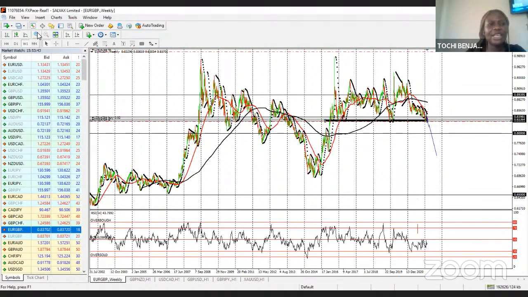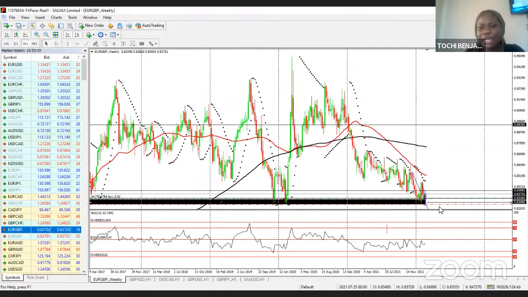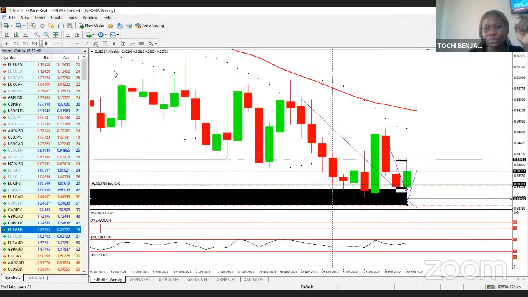Now, if this level is broken, that means this price did not hold again as a support region. So it's best you exit the market with minimum loss, which is why we said buy at a low that will make you take a minimal loss, even when price does not hold on the support. Right?